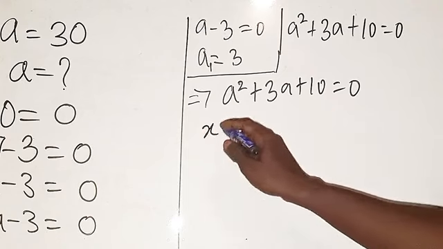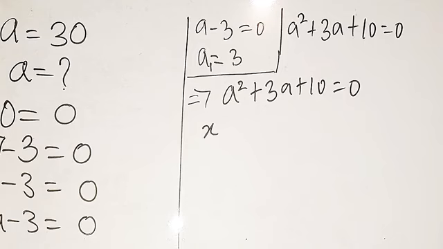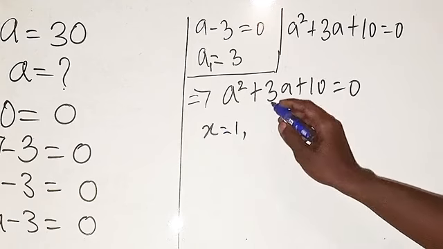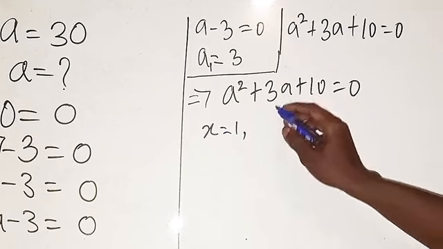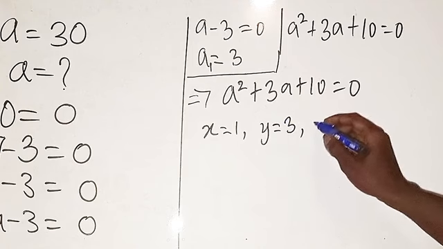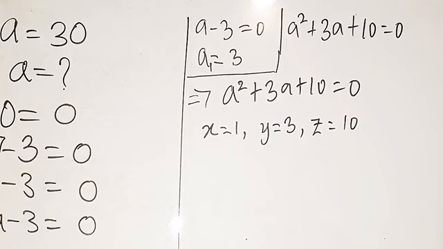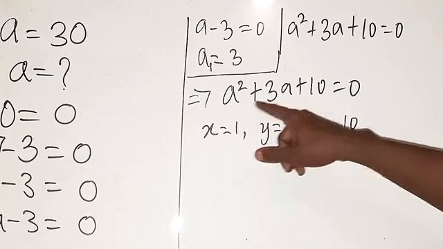So like x, the coefficient of a squared is 1. The coefficient of a, which is y, will be 3, and z will be 10.